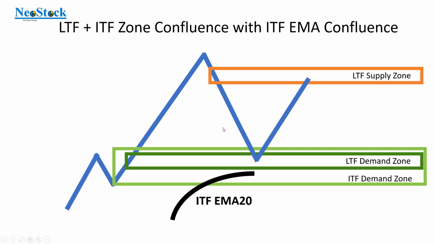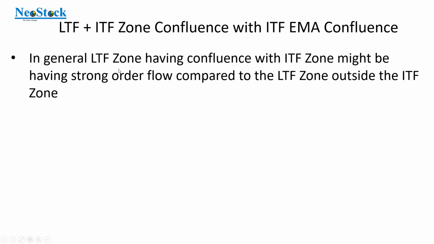Okay, let me summarize a few important points. In general, an LTF zone having confluence with the ITF zone might have stronger order flow compared to an LTF zone outside the ITF zone. Outside means not having zone confluence.